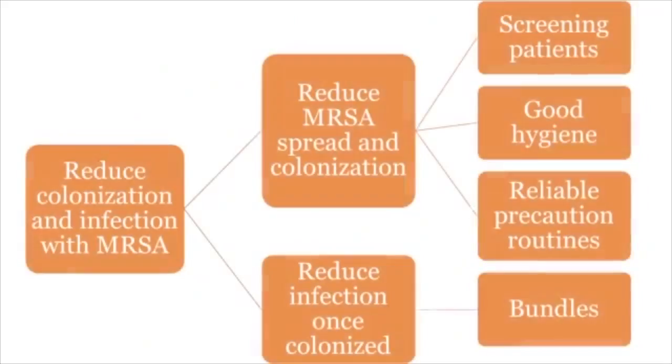But let's say you now have a patient who's colonized, you still want to reduce the risk of infection. That's where, for example, the bundles for CLABSIs that we discussed last time comes in. If you are fastidious about your care of those central venous catheters, then the chance that patient will get an infection with MRSA, even if they're colonized, is drastically reduced. The same for ventilator-associated pneumonia bundles. So those are your drivers to reduce infections.